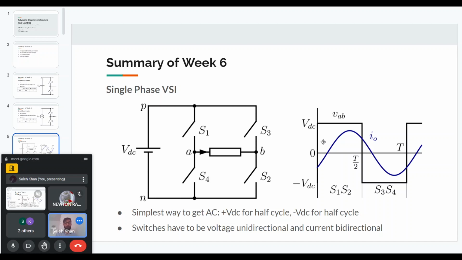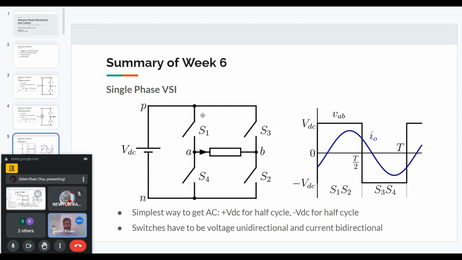If you see these waveforms, then you will understand that the switches we are using have to be voltage unidirectional and current bidirectional. What do I mean by that? I mean that the voltage they are blocking is always positive. For example, when S1 is off and S4 is on, point A is connected to the N point.